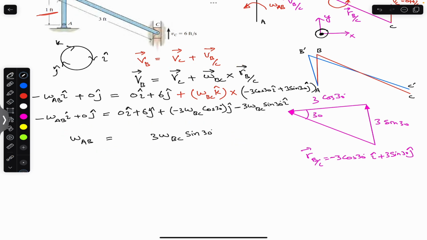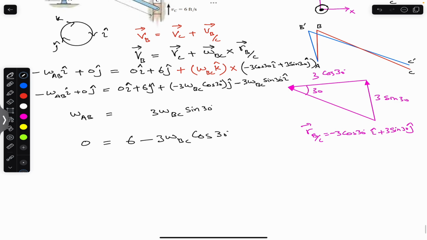Similarly, if we now compare the j components, 0 will be equal to 6 minus this. So we can say that 0 is equal to 6 minus 3 omega BC cos of 30, and from this we can say that 3 omega BC cos of 30 is equal to 6, and omega BC is equal to 6 divided by 3 cos of 30.